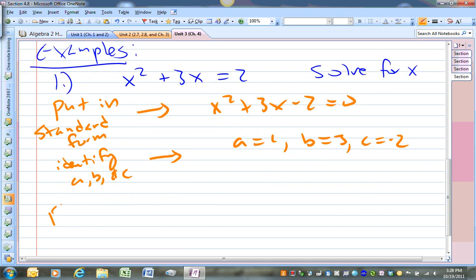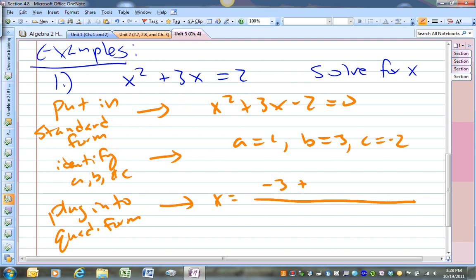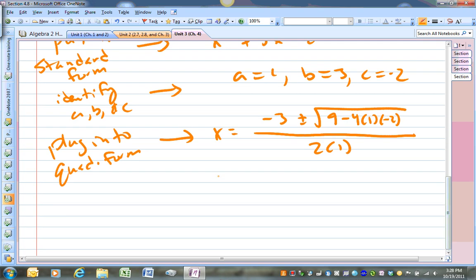And the third order of business is to plug into the quadratic formula, which is this. Negative b plus or minus the square root of b squared, which is 9, minus 4ac, all over 2a. And a is 1. So negative 3 plus or minus the square root of 9 minus negative 8, all over 2.